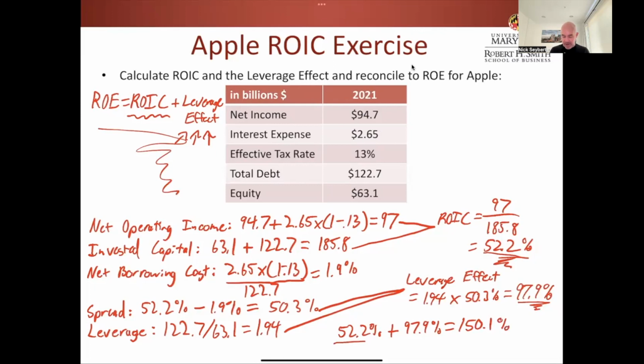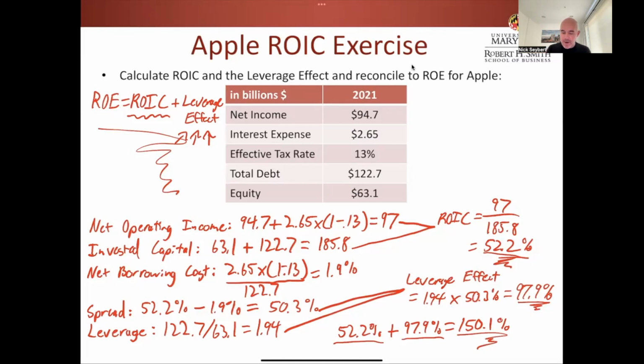So you've got the ROIC, right? The return on all the capital invested. And then the effect of leverage on the return to shareholders is an additional 97.9%. So shareholders are getting a return of 150.1%. So that's ROE equals ROIC plus the leverage effect.